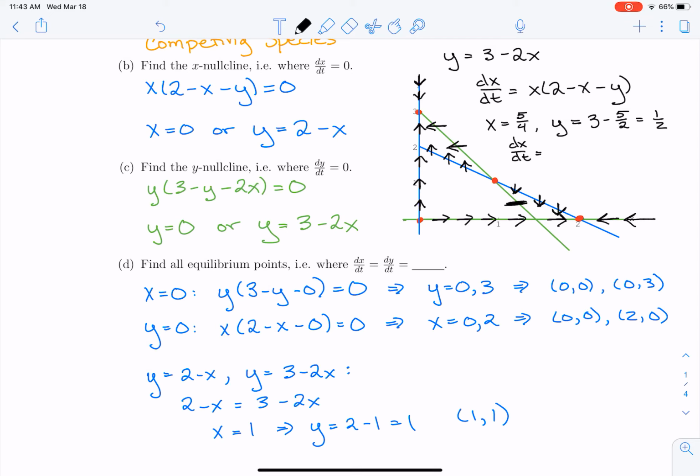In this case, dx/dt is 5/4 times (2 minus 5/4 minus 1/2). So that looks like it's going to be 5/4 times 1/4. And the most important thing is that it, which is 5/16, is positive. So that means that this slope is going to be pointing to the right. And that completes the arrows for the y nullcline.